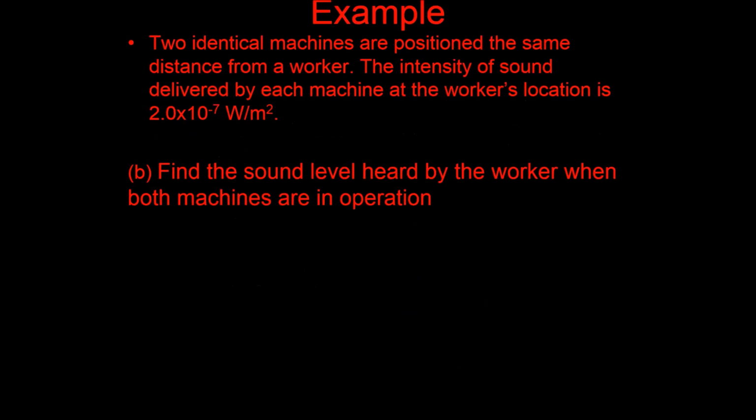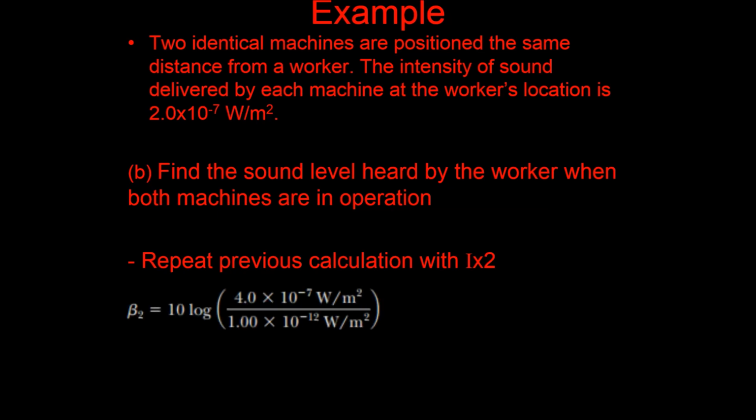Now what happens when we switch on the second machine? Essentially we repeat the previous calculation, just now with the intensity multiplied by 2. This means we will see 10 log of 2 times 10 to the minus 7 times 2, over our reference intensity, giving us 10 log 4 times 10 to the 5, or 56 decibels.